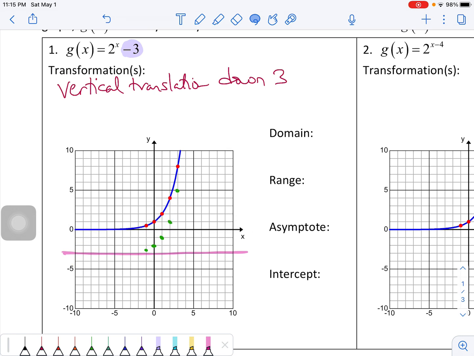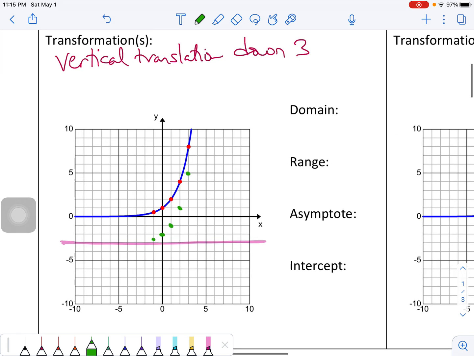All right. So when I go to connect the dots here with these points, I know that once I get past this farthest point to the left, I'm going to keep getting closer and closer and closer to this horizontal asymptote, but I'm never going to actually touch it. It's going to look like I'm going to touch it, but that's because I'm using a pencil that I can't get any thinner.